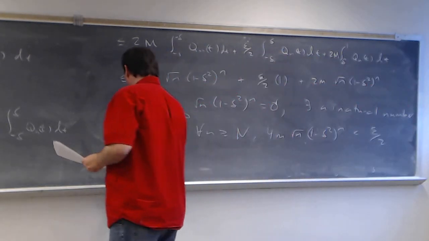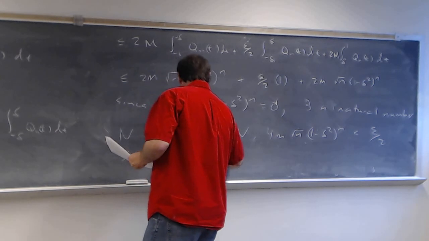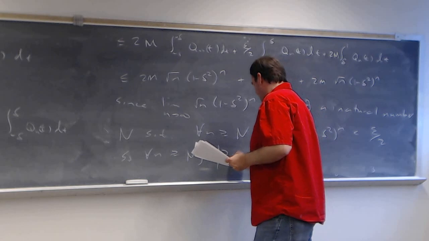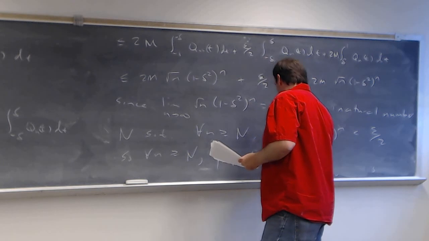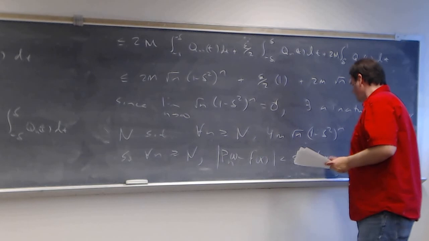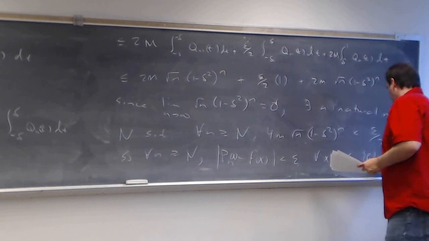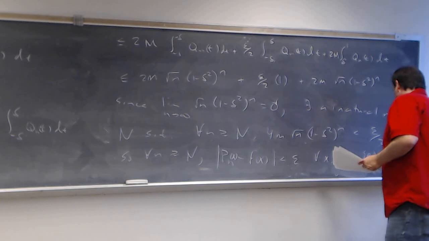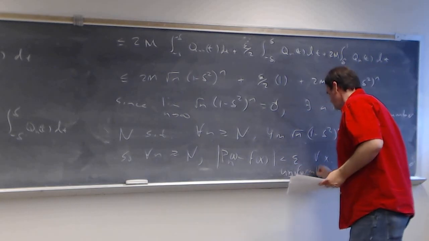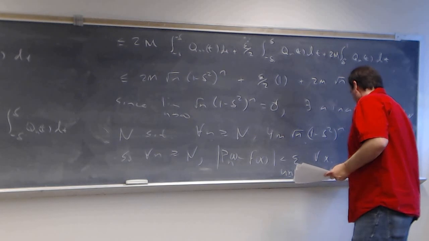And so, for all n greater than or equal to this big N, what we'll have is that P sub n of x minus f of x will be less than epsilon, and that's true for all x. So, that means that the sequence of P sub n's converge uniformly to f.